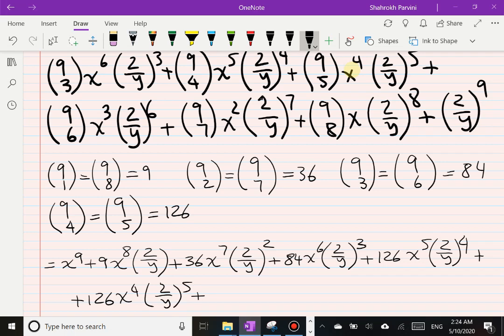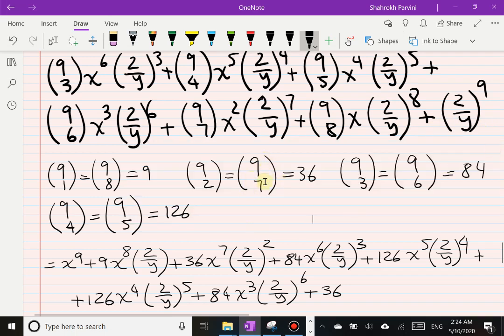Long, tedious process, right? I don't think it's difficult. It's just long and tedious because the exponent is so high. Now, don't worry, by the way, on your exam, you're not going to do something that's this long. Okay, next, I just did 84. That was 9 choose 6. Now I'm doing 9 choose 7, 36. And this is what I mean.